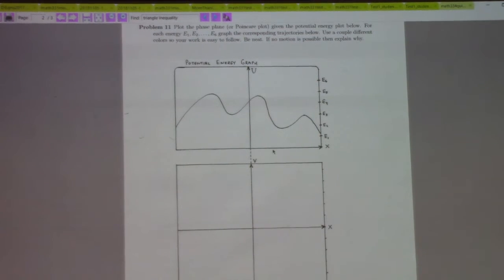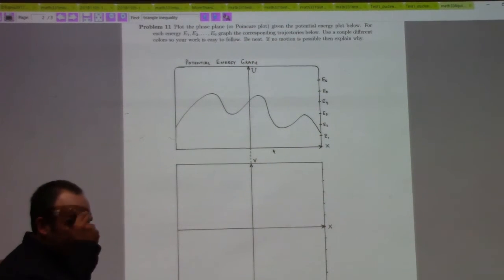If the energy is less than the potential energy, is it possible to solve this equation? I've got energy is something positive plus potential energy. If the potential energy is smaller than E, which is given, can you solve the equation? The answer is no. So as we look at E1, that is an energy smaller than the potential energy, which means that's a classically forbidden motion. There is no thing to draw for E1, in fact.